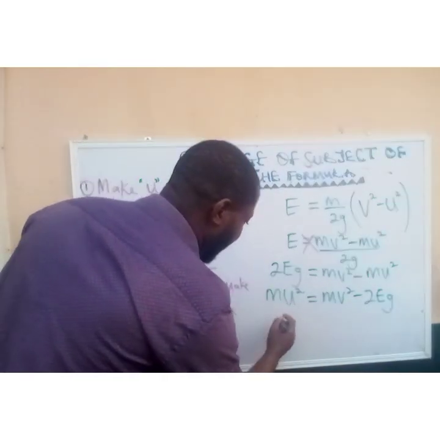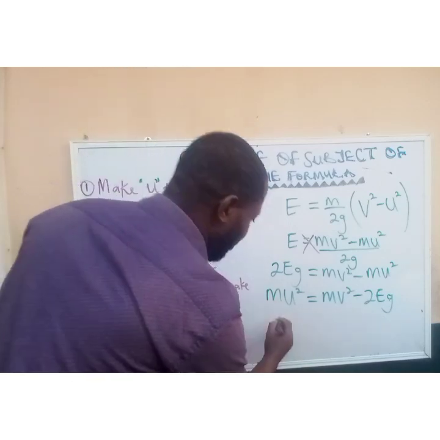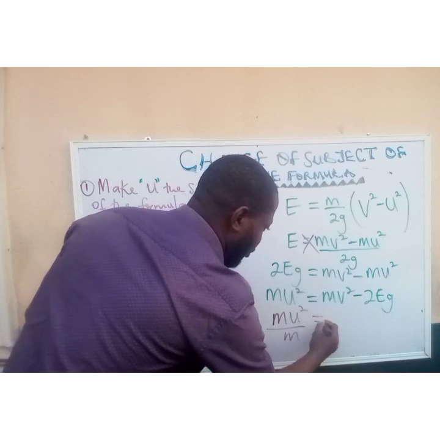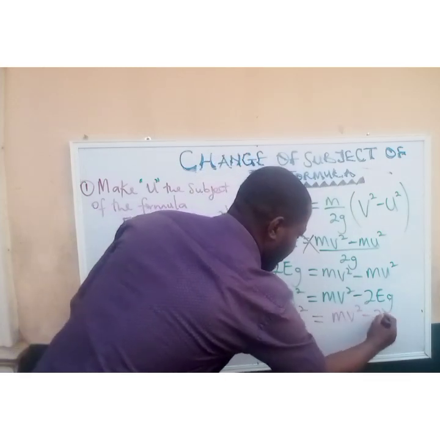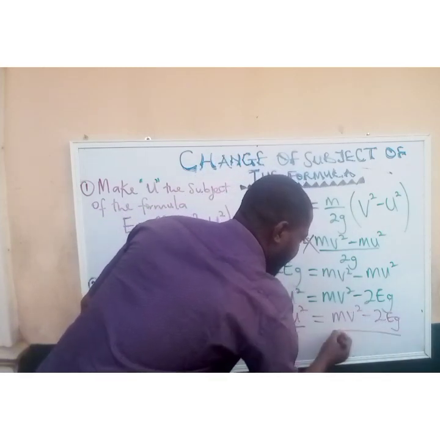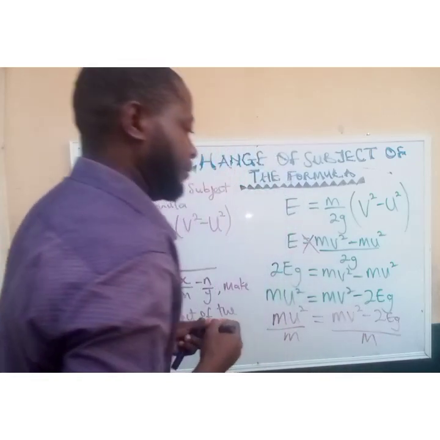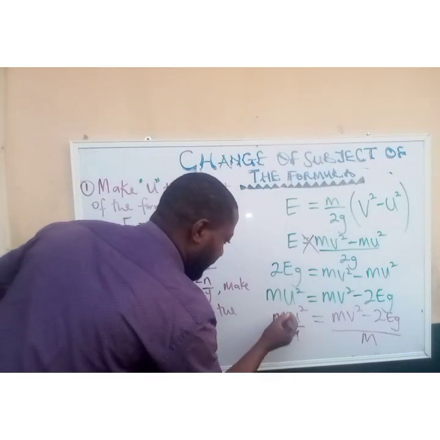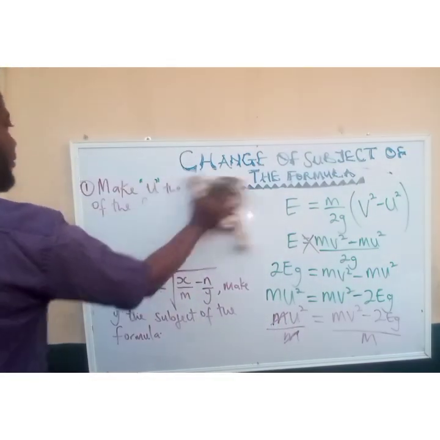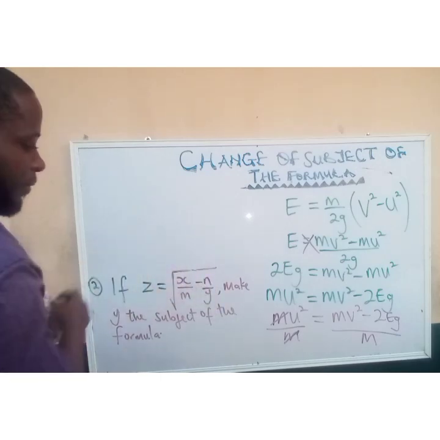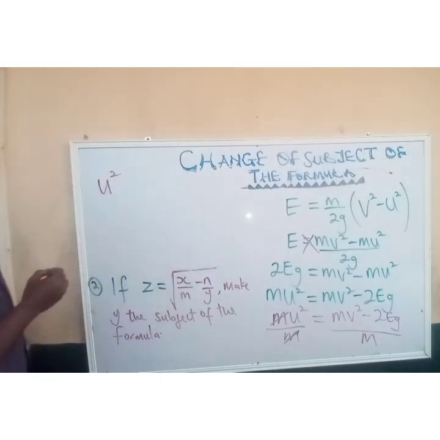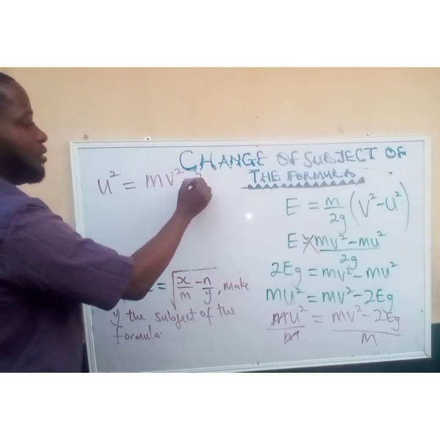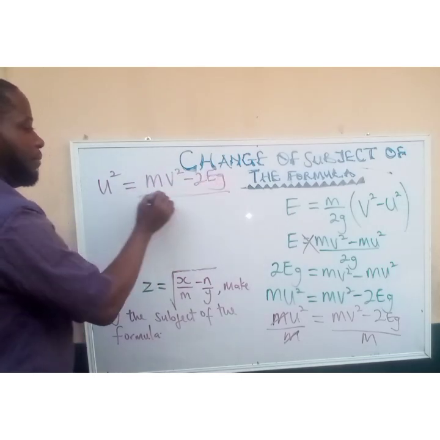So we are going to say divide both sides by M. So we now have MU square divided by M equals MV square minus 2EG divided by M. Now the next thing is to cancel this. Then we are going to have U square equals MV square minus 2EG divided by M.